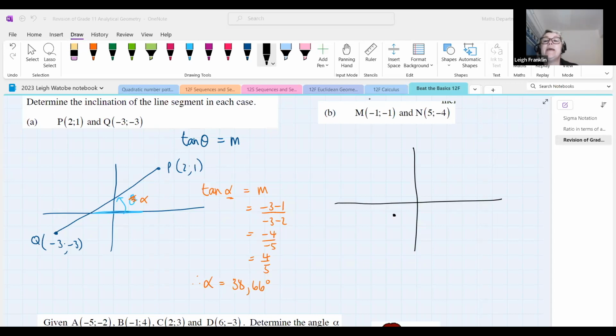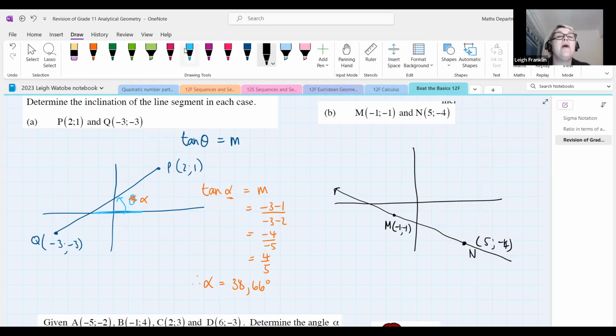So point N, I don't know, somewhere like that. Okay, so this line, it's supposed to be a straight line. Sorry, I'm not drawing it very well. So M is -1 and -1, and N has the coordinates 5 and -4.